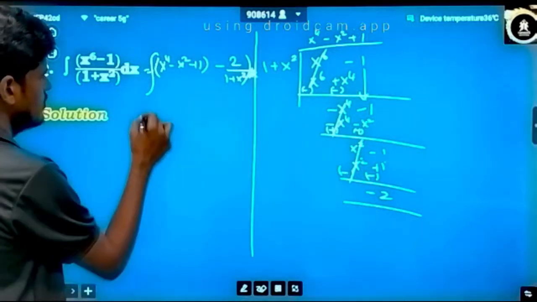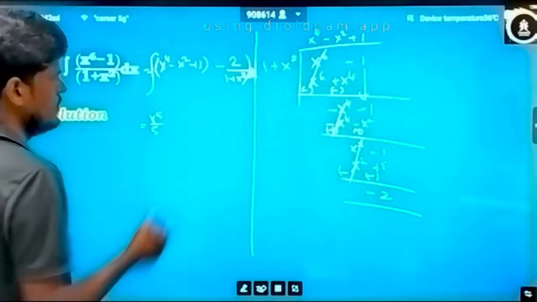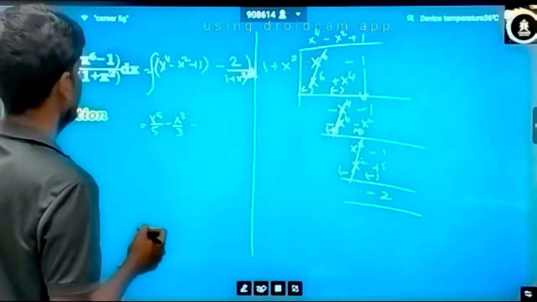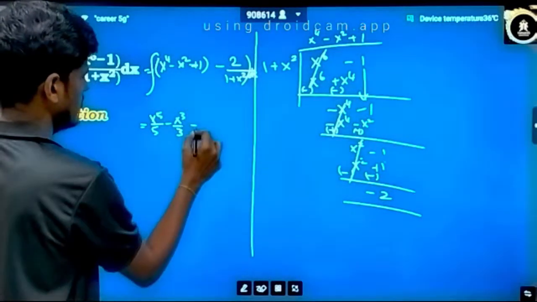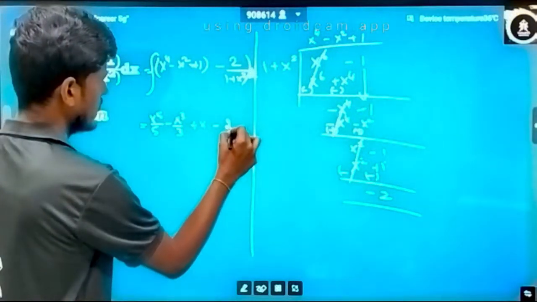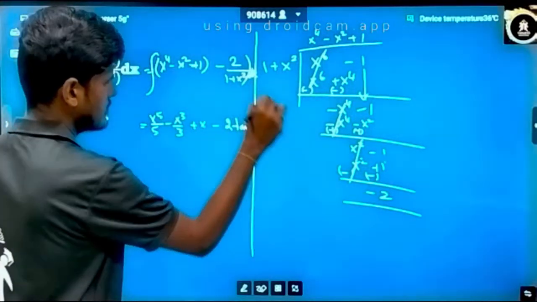What is the value of this? First integral is x power 4 integration is x power 5 by 5, x cube by 3 minus, plus 1, that will be plus x minus 2 times tan inverse x plus constant.